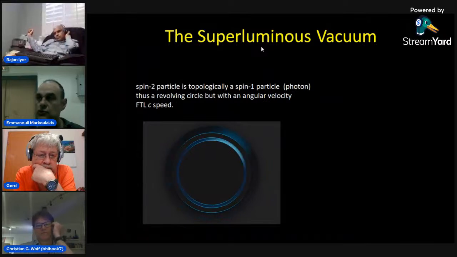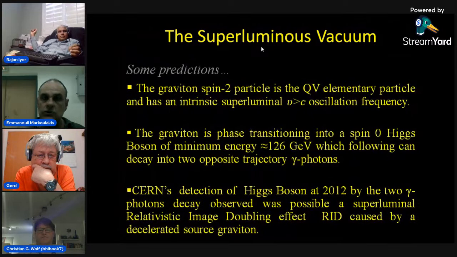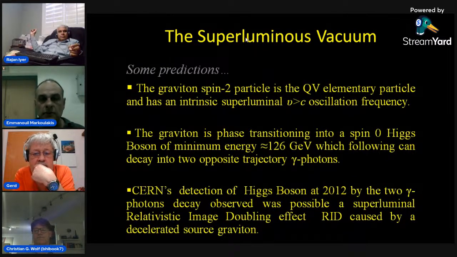And of course, it's bosonic in nature. It's a boson. So some predictions now. The graviton spin 2 particle is the quantum vacuum elementary particle and has an intrinsic superluminal, v greater than c, oscillation frequency, harmonic oscillation.